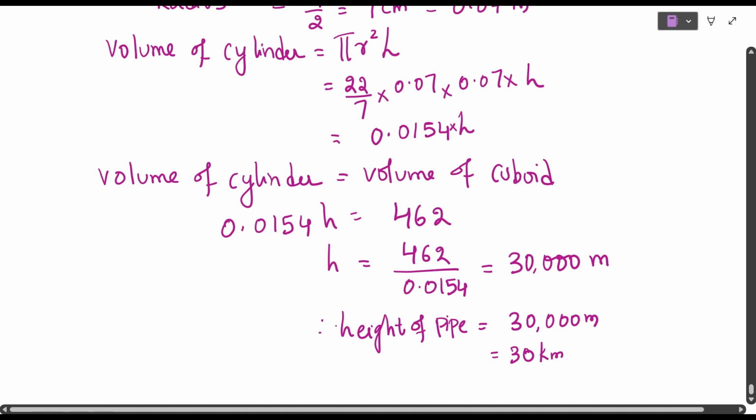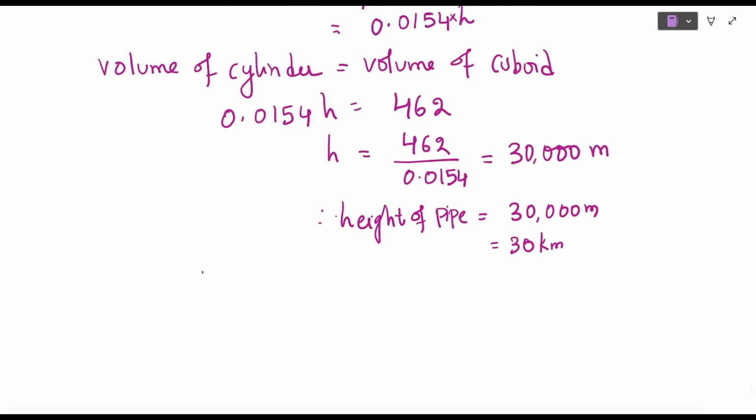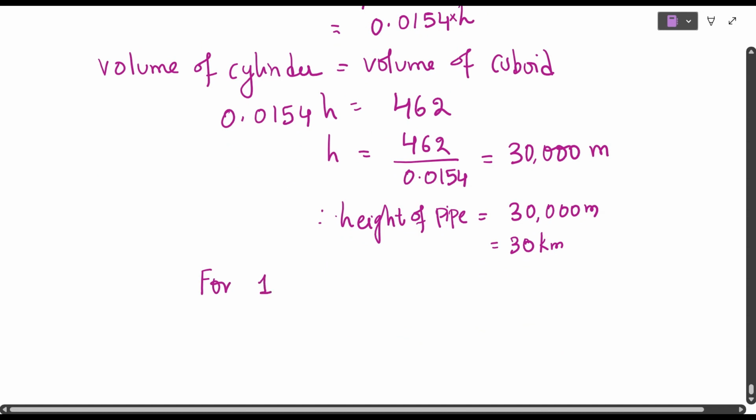Now the next thing they have given is that water is flowing at the rate of 15 kilometers per hour. So for 1 hour, how much distance is it covering? That is 15 kilometers. Time taken for 15 kilometers, how many hours? 1 hour.